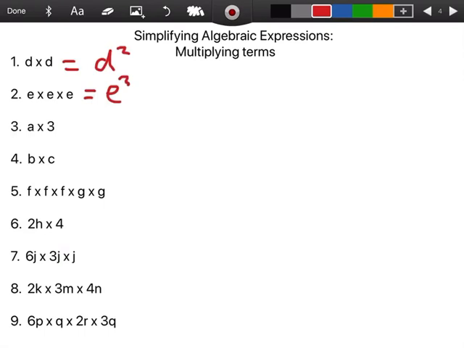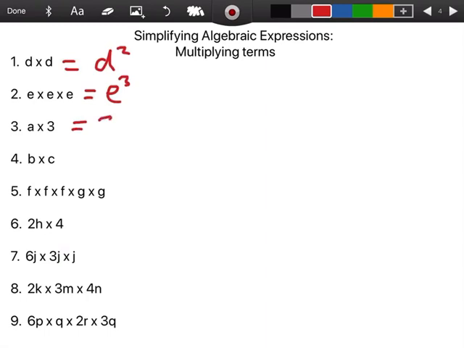Okay, now in the third one here, we're multiplying a letter by a number. A times 3, remember last time we talked about the secret times. When it's a letter and a number multiplied, we can remove the times. But by convention, so I don't confuse that with a cubed, we write the number first.